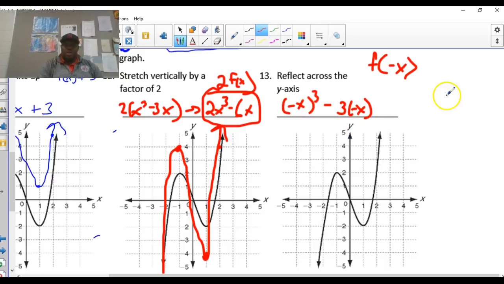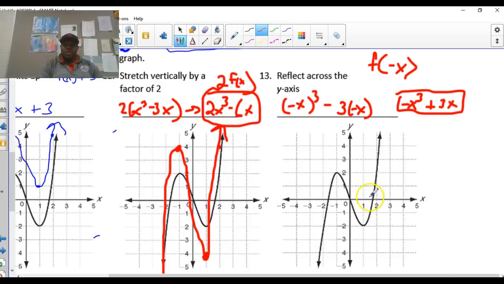Now, if you want, you can just simplify it. Negative x cubed is still negative x cubed, and this becomes positive 3x because you have 2 negatives multiplied together. So there's your function right there.